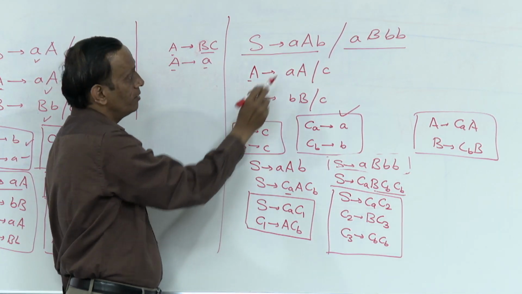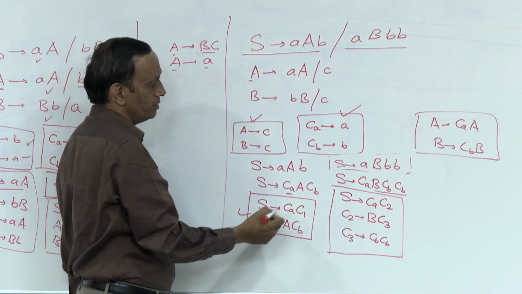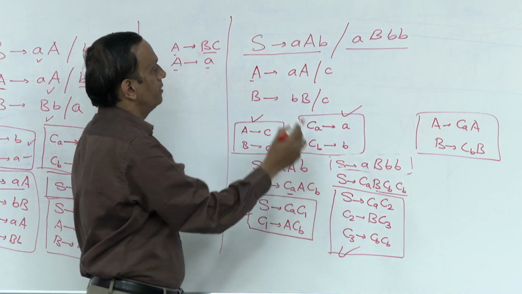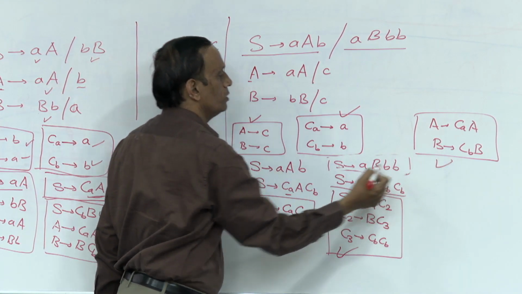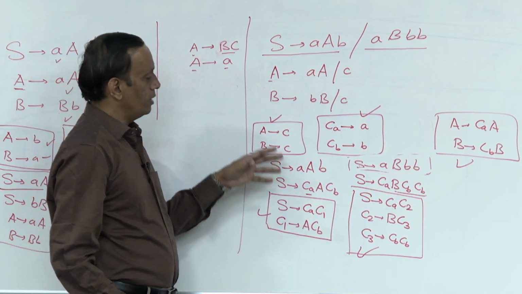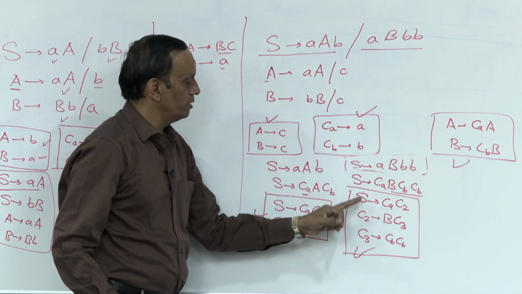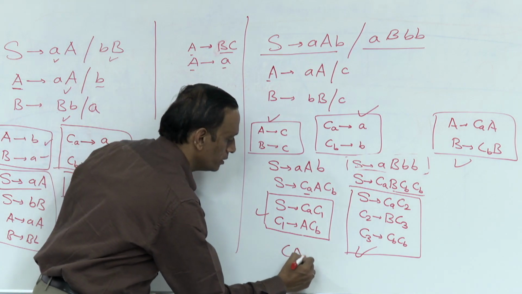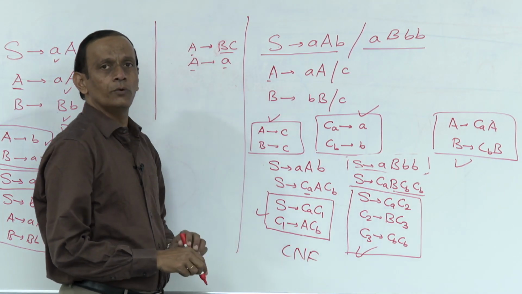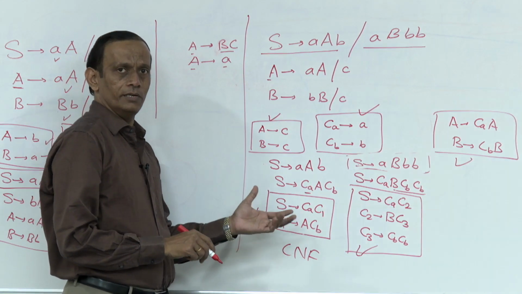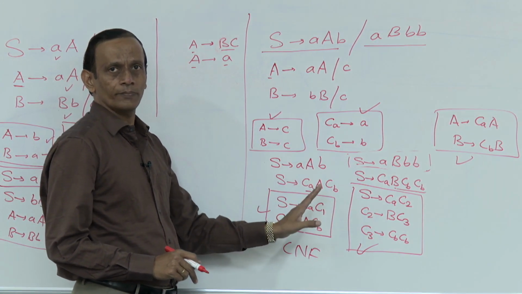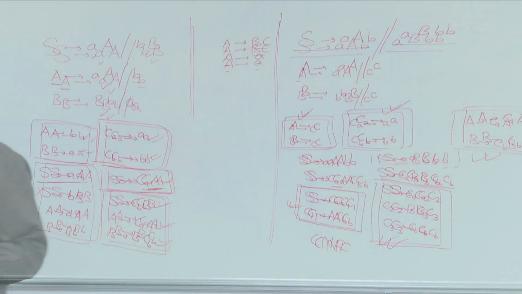For the first one I got these 2 new productions, for the next one I got these 3 new productions, and for the remaining 2 I got these 2. As a result I got 1, 2, 3, 4, 5, 6, 7, 8, 9, 10, nearly 11 productions which are now in CNF. So this is how you convert a grammar from the given form of CFG to an equivalent Chomsky normal form.